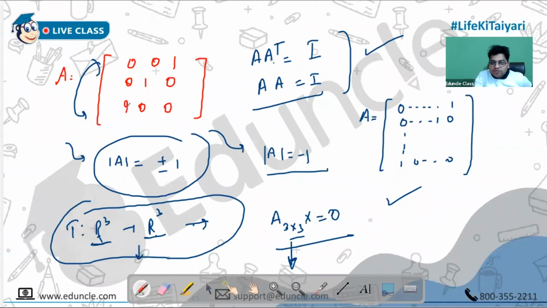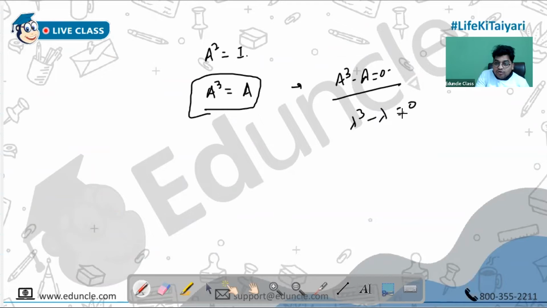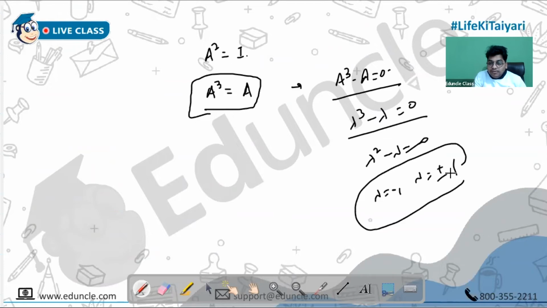A cube equals A, this is called the annihilating polynomial. Annihilating polynomial of degree 3 is unique. It means this is the characteristic equation. So lambda square minus lambda is equal to 0, lambda is equal to 0, lambda is equal to plus minus 1. It means all eigenvalues are distinct.